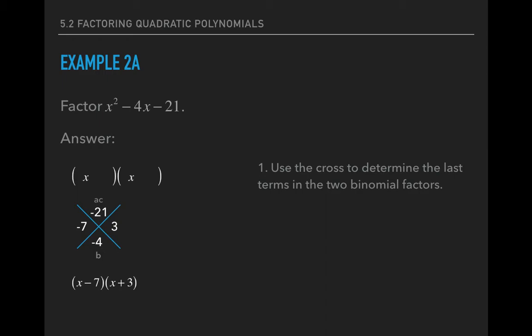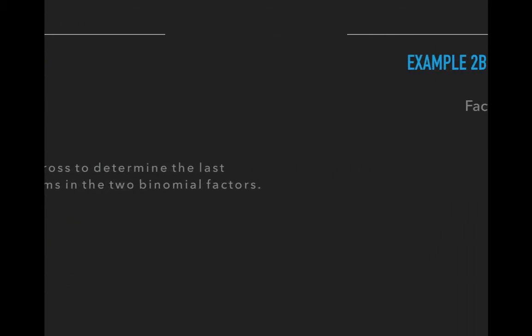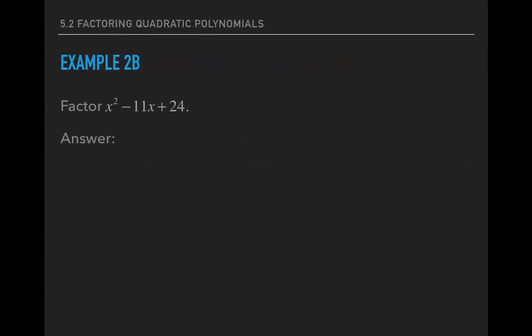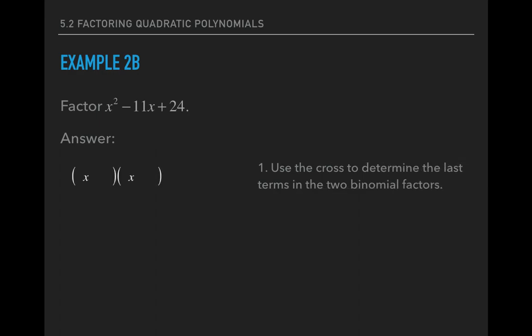We have factored that trinomial into binomial factors. Let's do another one. If you want to try on your own, you can pause the video and try to do this. First thing, we know it's going to look like two binomial factors.